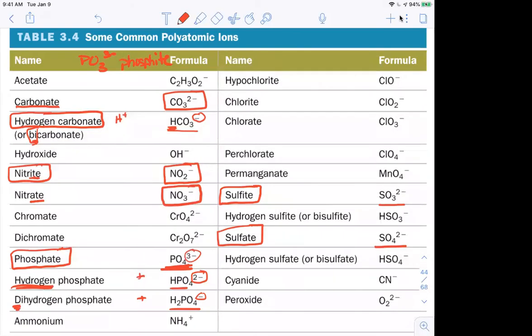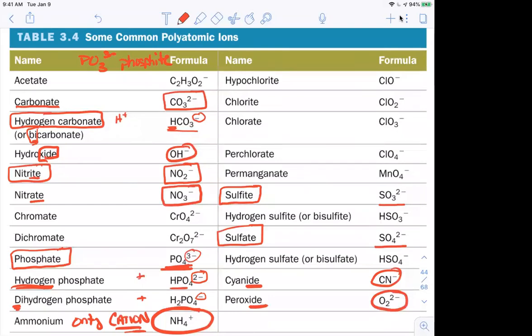Ammonium is my only cation on my polyatomic charts. Cyanide, peroxide, and where is hydroxide? Those are the only IDE endings that happen to be polyatomic.